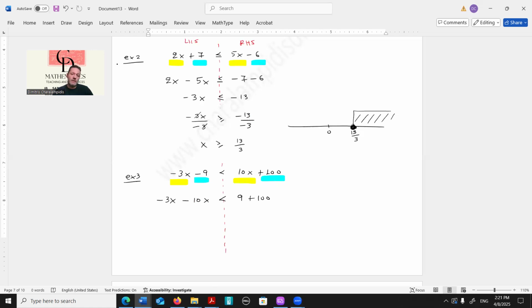-3 minus 10, it's -13x, smaller than 109. I need to get rid of -13. To do so, I will divide both sides by -13.